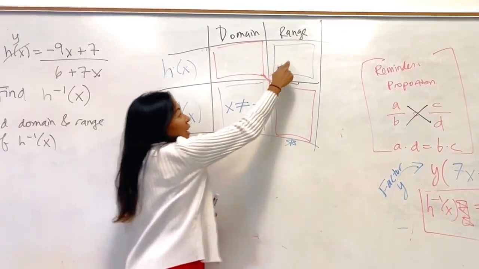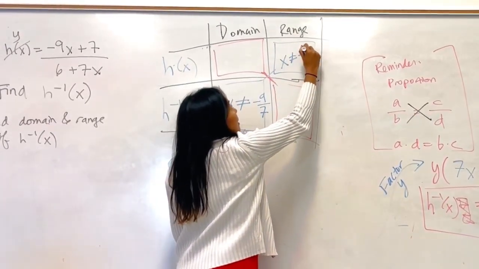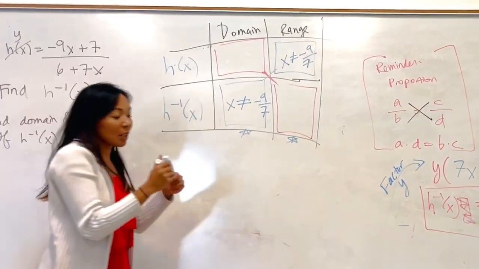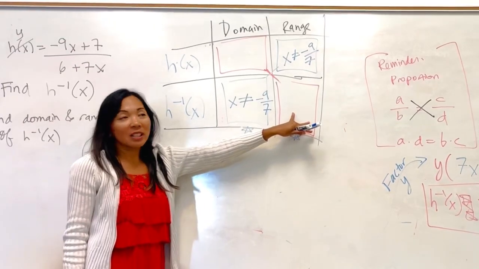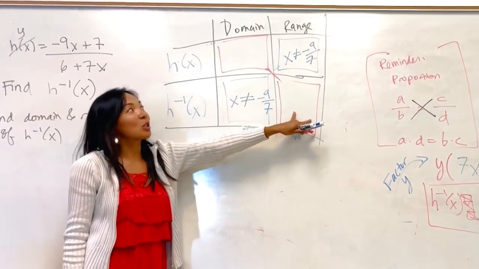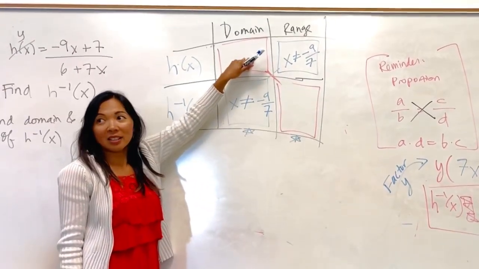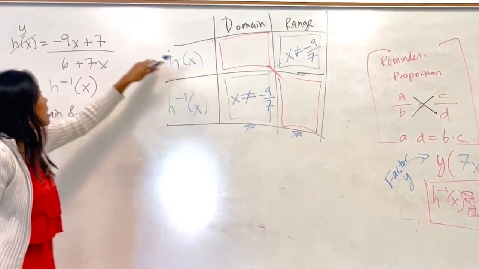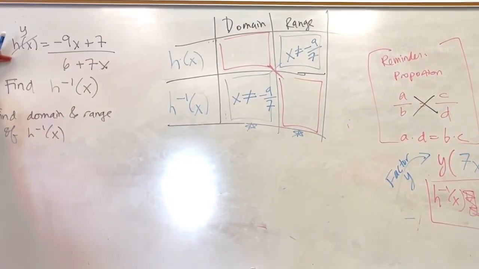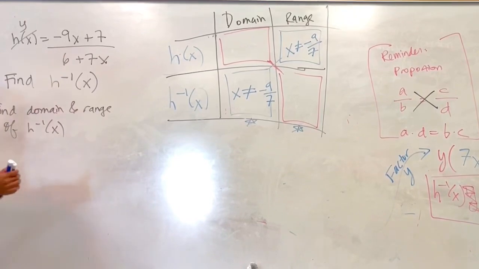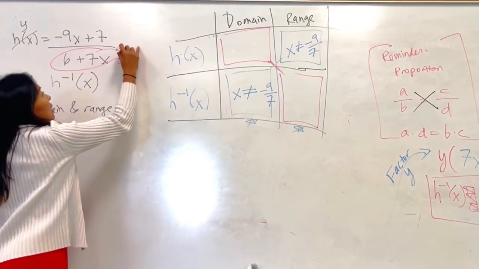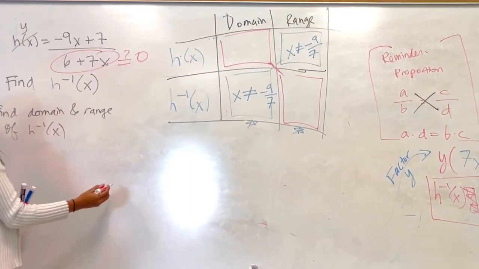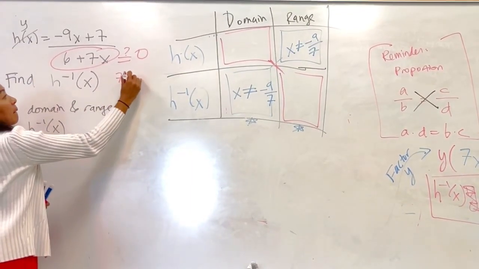So since I know that, I also know this. That was my domain of this one. I don't know how to find the range of this, but what I do know is I can find the domain of h. Here's my h function. The domain of this, what can I never have in the denominator? 0. What's going to cause this thing to equal 0? Negative 6/7.